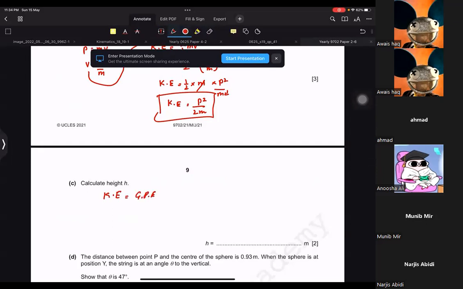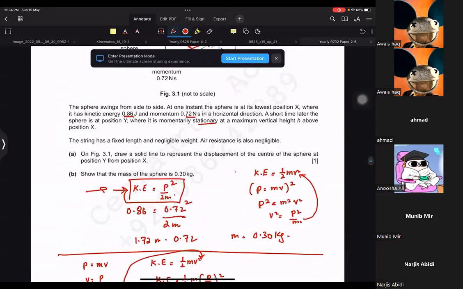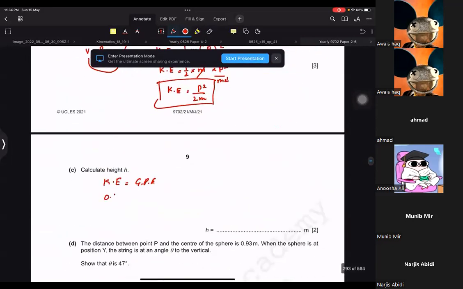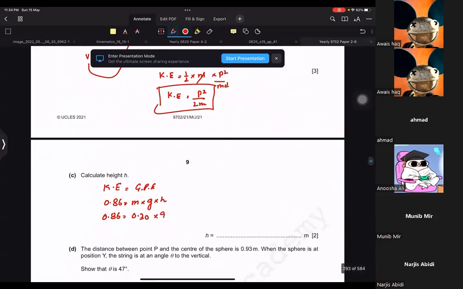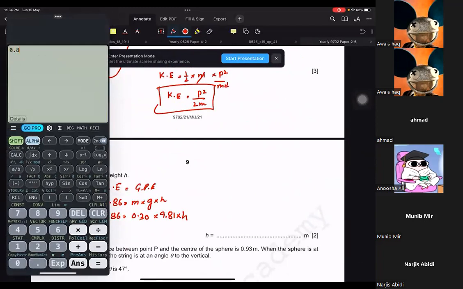So kinetic energy was 0.86, and this is m times g times h. So 0.86 equals m, which is 0.30, times 9.81 times h. h is 0.29.